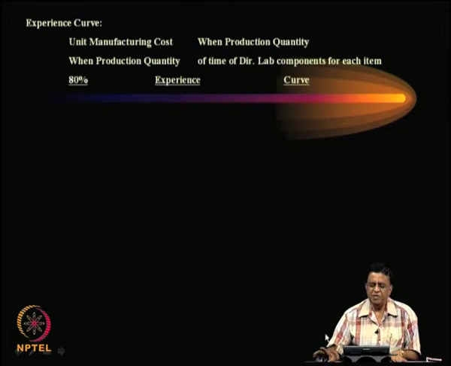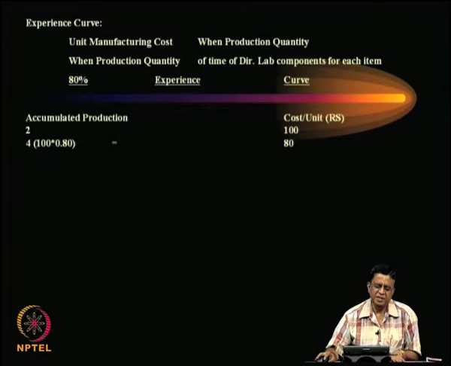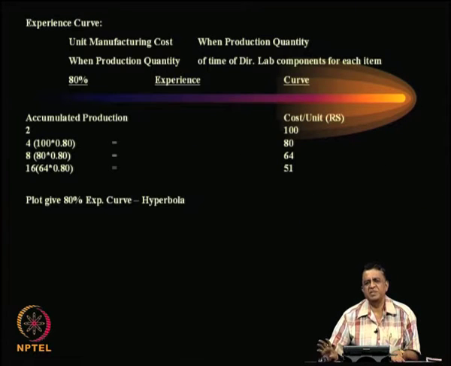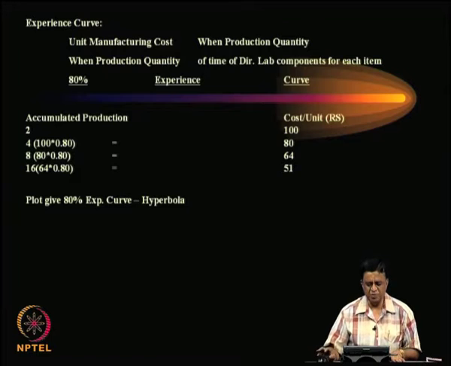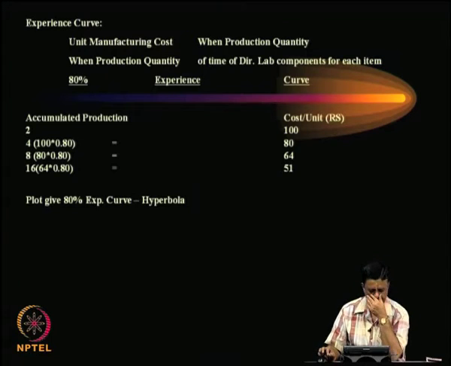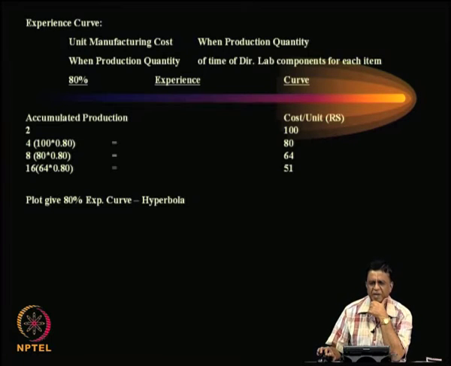Now, in the light of this cost dynamic scenario which we are looking at, it may be better to look at the experience curves. These experience curves give a company a different type of approach towards the market.